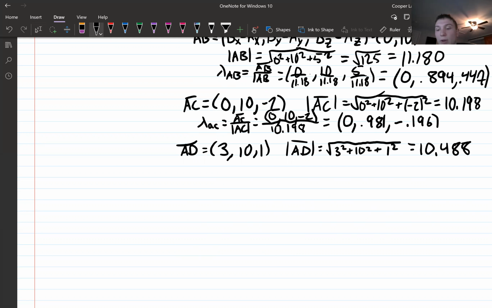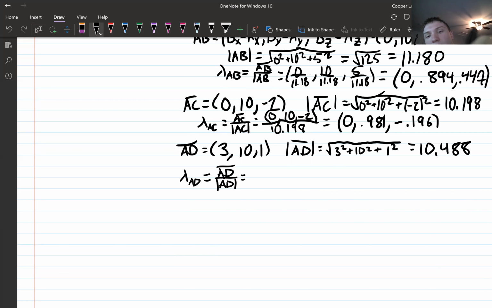Now I'm going to calculate lambda again. Sorry, this should actually be capitalized up here. Oh, nope, didn't mean to write AD, my bad. When I do this, it's going to be AD divided by the magnitude of AD.